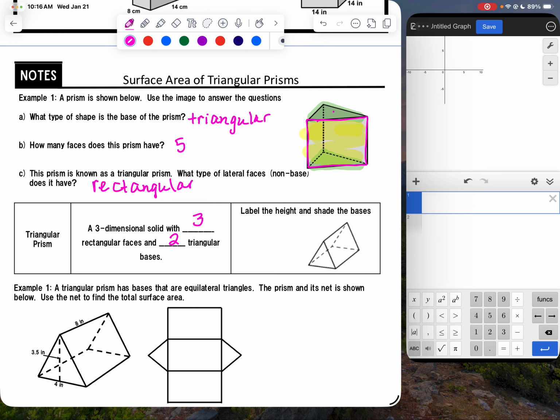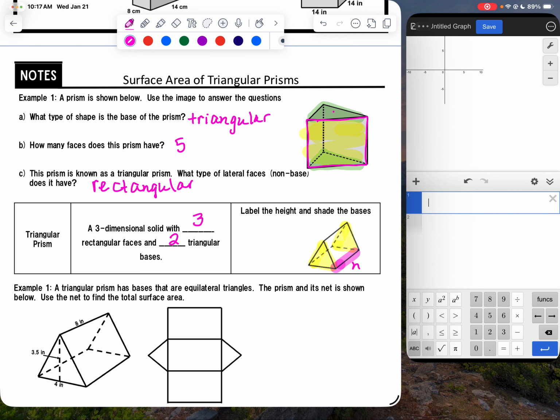So here the bases would be at the front and at the back. Now they want you to label the height of the prism, and it's very important that you can identify the height of the prism, because the height of the prism is the length that connects the 2 bases together. So our height would be right here.